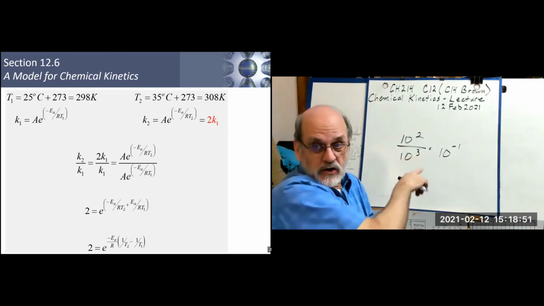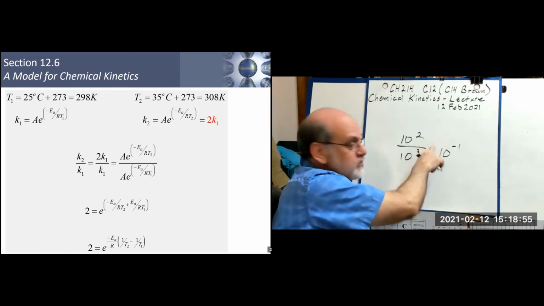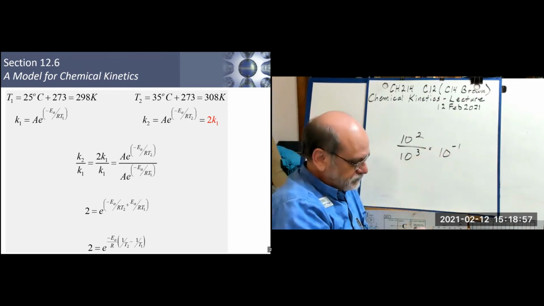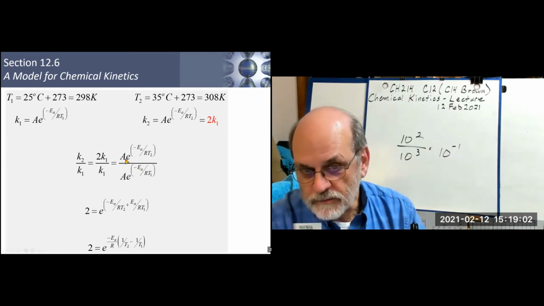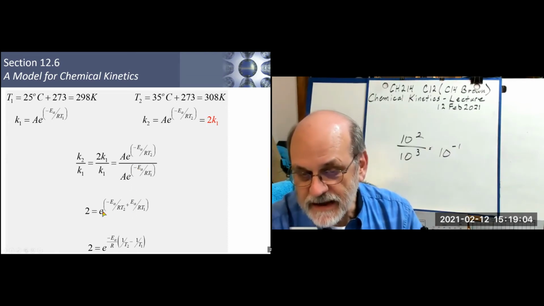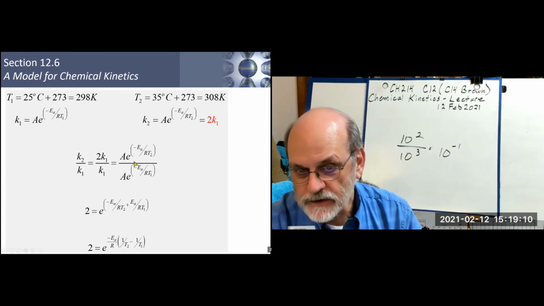Because in the denominator, you take that into the numerator, it becomes a negative. You subtract 3 from 2, 10 to the minus 1. We do the same thing here. We say, if we're going to combine these two, then now it's e with the numerator minus the denominator power. So if it was a minus to start with, now it's a plus.